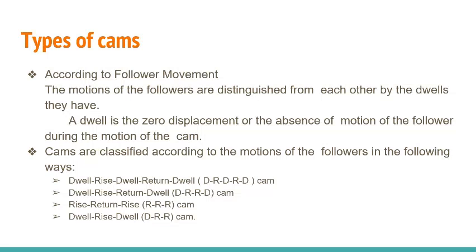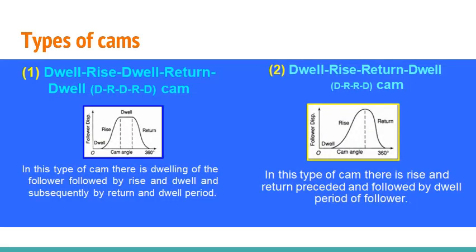In this case, there is no dwell for the cam: rise, return, and again rise. There is no coming back to the original position here. The return option for the cam is not taken into account. These are the four different types of cam classifications based on the follower motion.